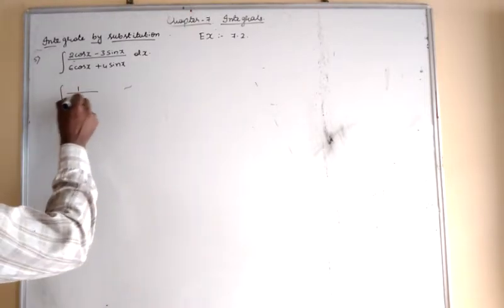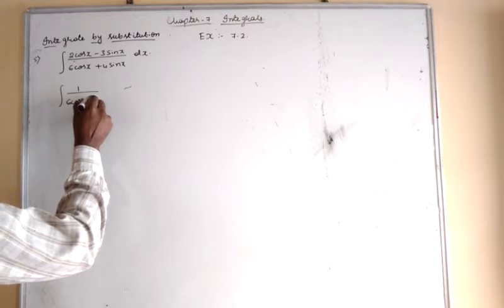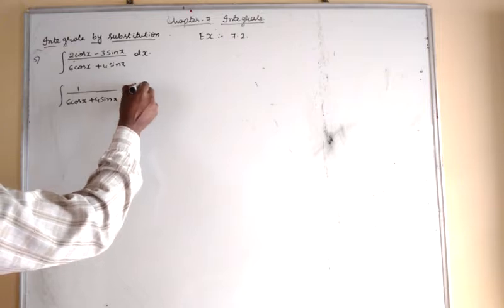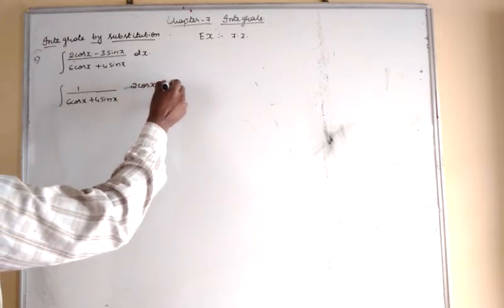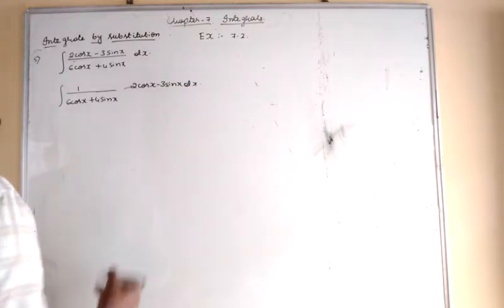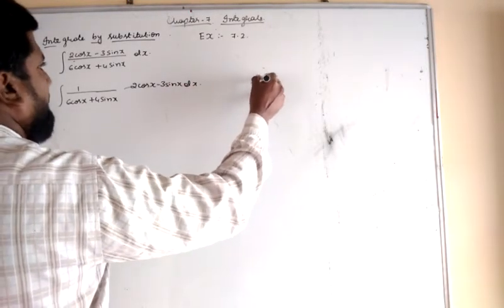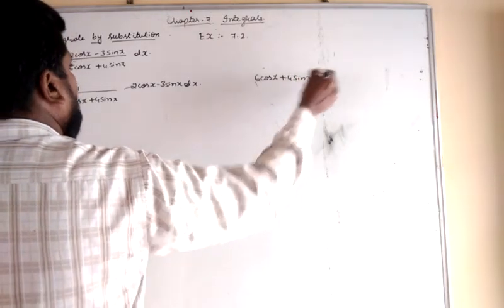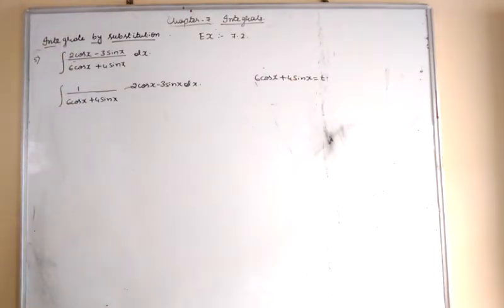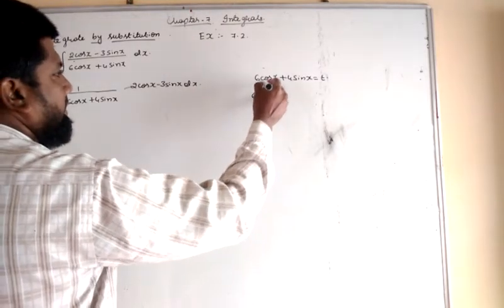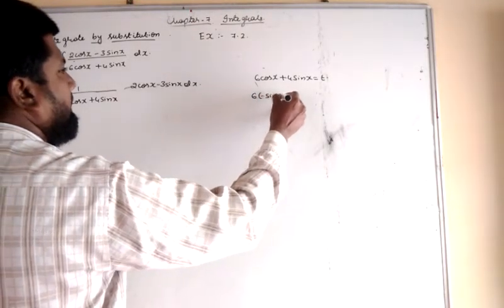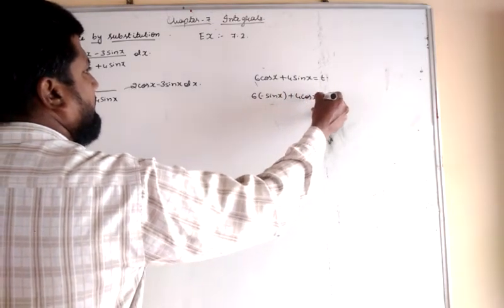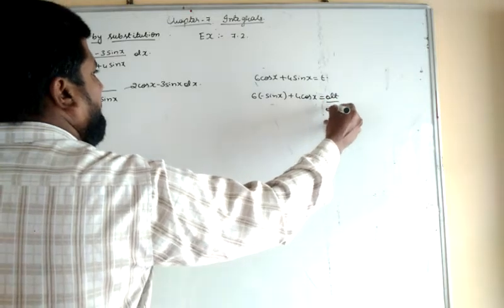So integration of 1 by (6 cos x plus 4 sin x) into (2 cos x minus 3 sin x) dx. Let us substitute here 6 cos x plus 4 sin x is equal to t, then differentiation of this: 6 is a constant, minus sin x, then 4 is a constant, cos x, dt by dx.